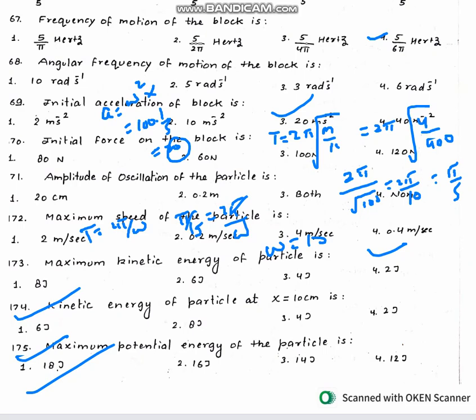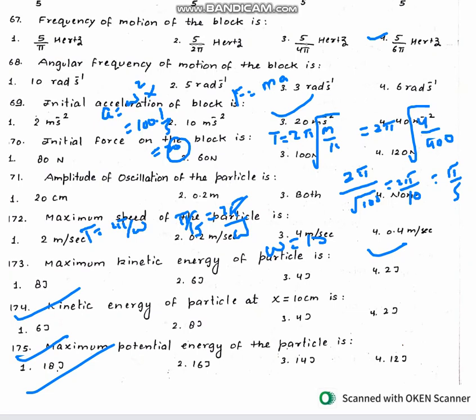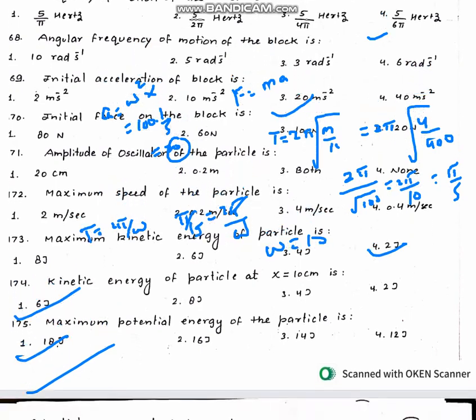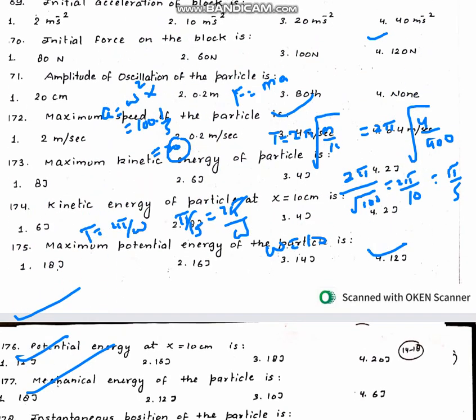Next is initial force on the block. So force is equal to mass into acceleration. Mass here is 4 kg. So if mass is 4 kg, then force will be m into a, which will correspond to 80 Newton.